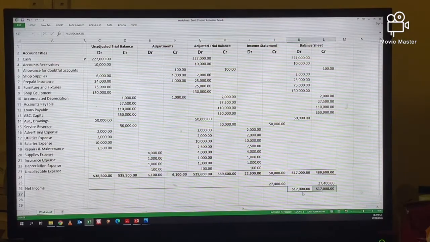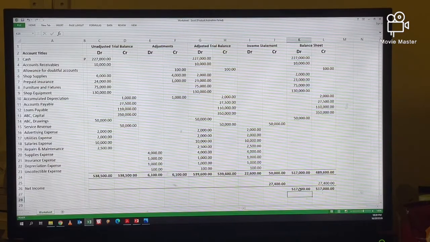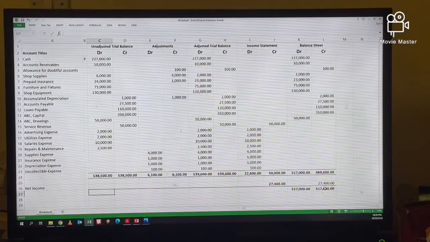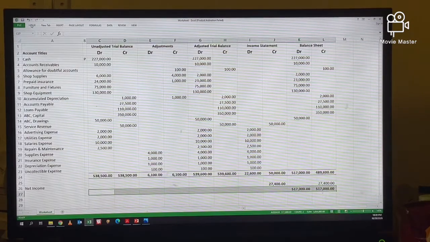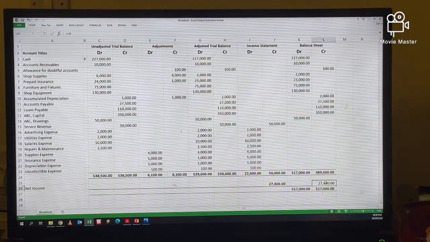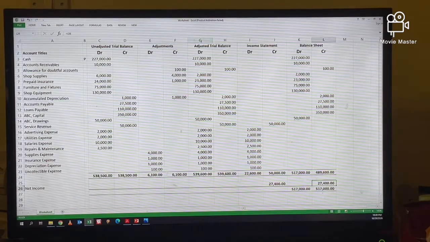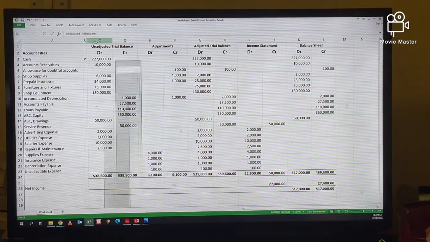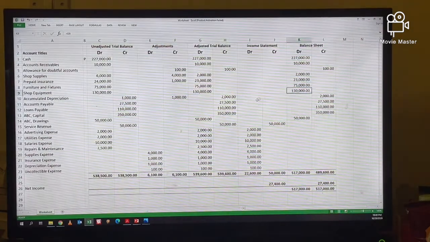Okay. So, yan na. Meron kang net income. So, this is your worksheet. 10-column worksheet. This is what you call your 10-column worksheet.